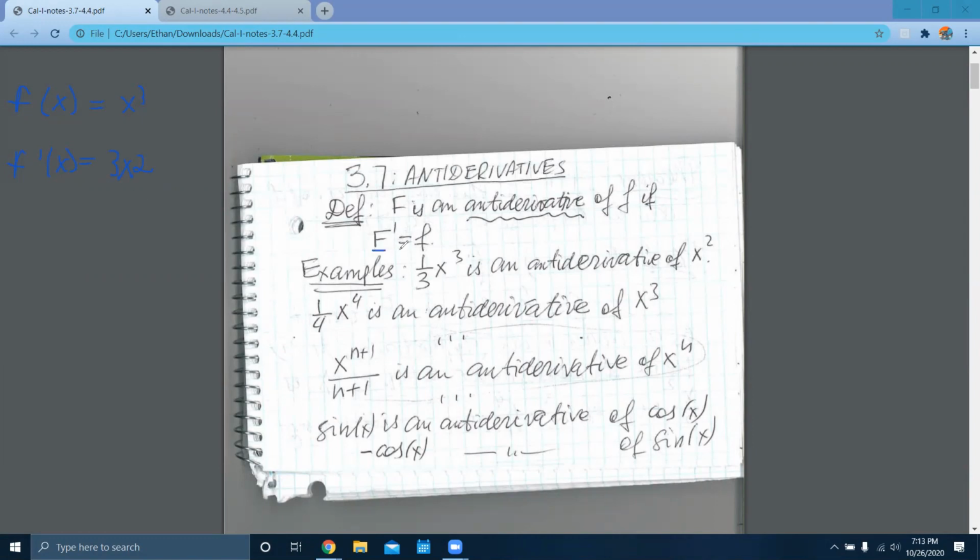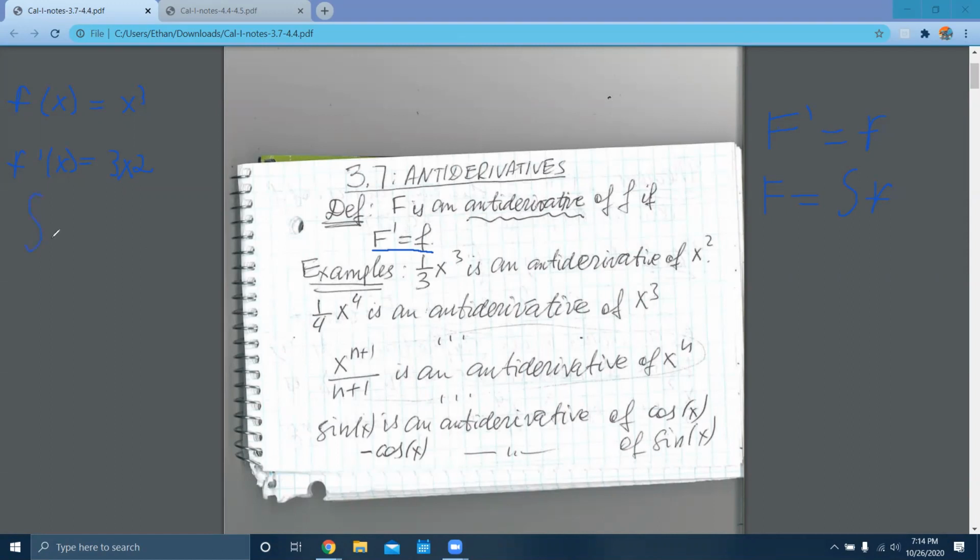Now he has a strange notation, I'll say here. He is saying that f prime is equal to the function f. So when he says f, he's looking for the antiderivative of said function f. It's easier to just denote this in this fashion over here.